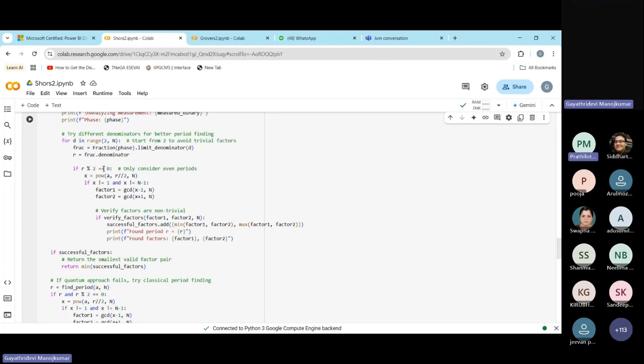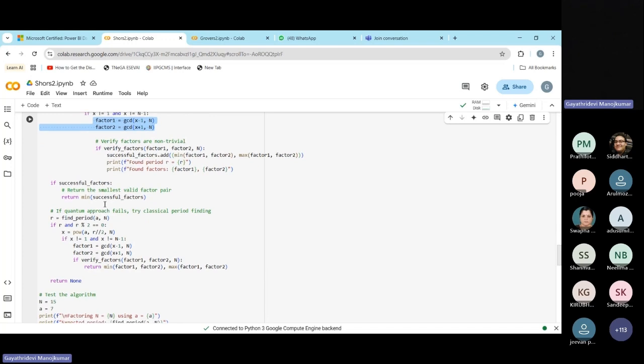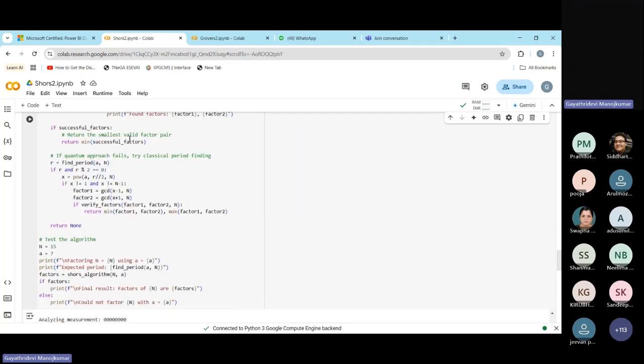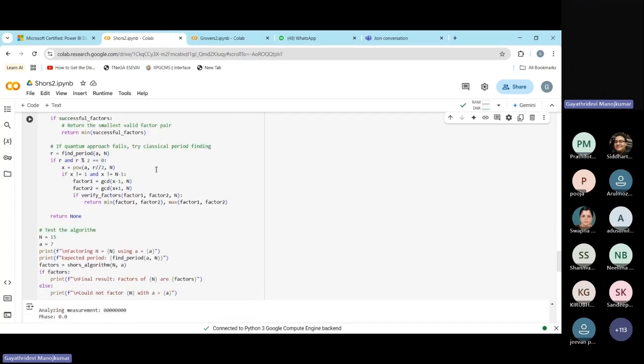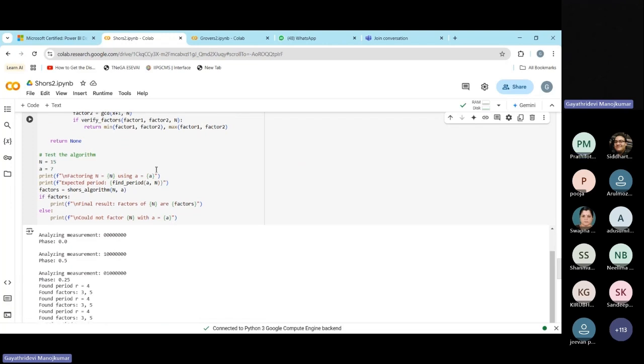If it is an even number, we go on and use the period to find a non-trivial factor, so that we can find the GCD of x minus 1 and also of x plus 1. In case the result is not equal to 0 we use it, otherwise the same process repeats again and again.